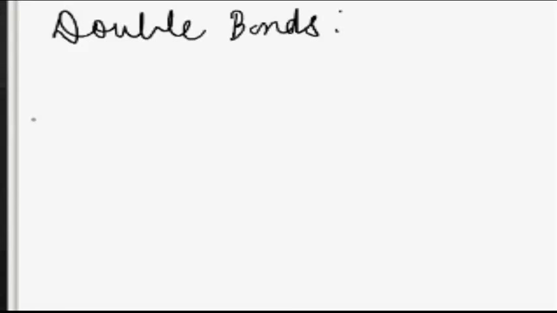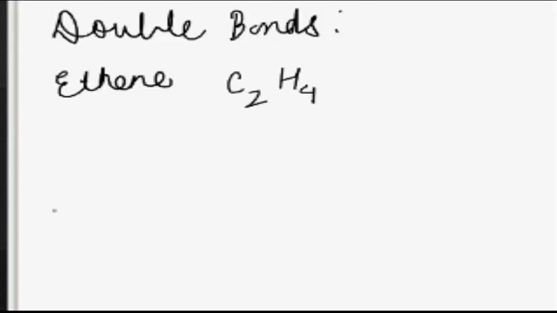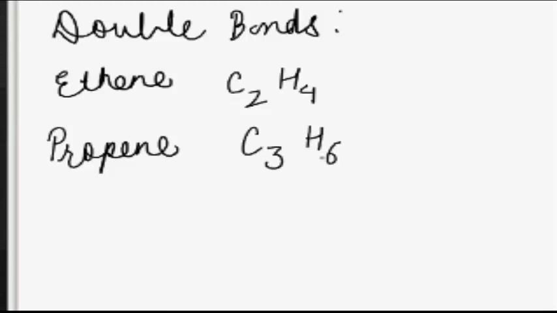Examples of hydrocarbons containing double bonds are ethene, which is C2H4, propene, which is C3H6, and triple bonds.